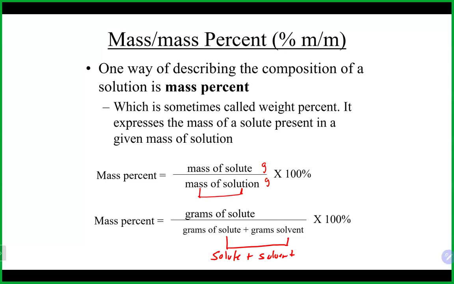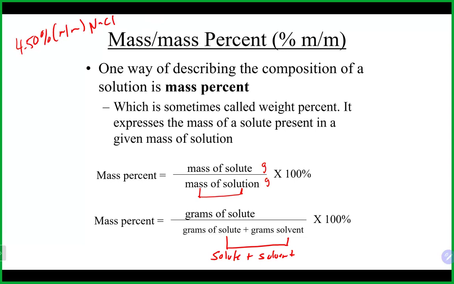Now, if you had, say, a 4.5% by mass sodium chloride solution, a lot of times we may want to do some calculations with this, and we're given the mass percent. Like any other percentage, probably the easiest way to turn it into a usable number is to assume that you have 100 of it.